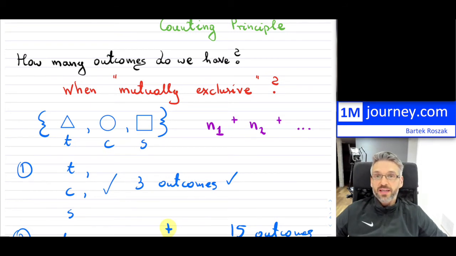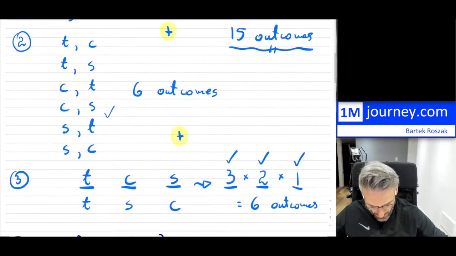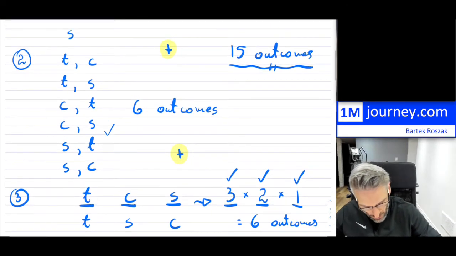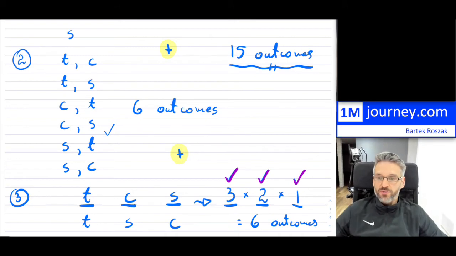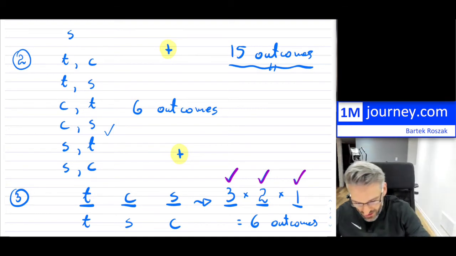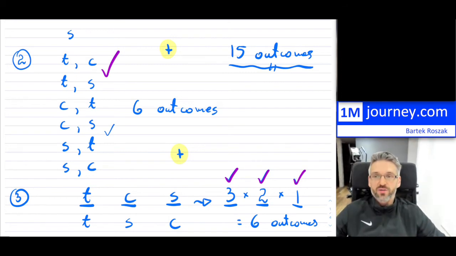The multiplicative counting principle was when we were multiplying, like we did right here, where we were basically multiplying these through. You had 3 possibilities for the first, 2 possibilities left for the second, and then 1 possibility at the end. So we weren't assuming that we were putting things back. And that was the multiplicative because we were multiplying. Now I could have done this here. I didn't have to list all of these out.